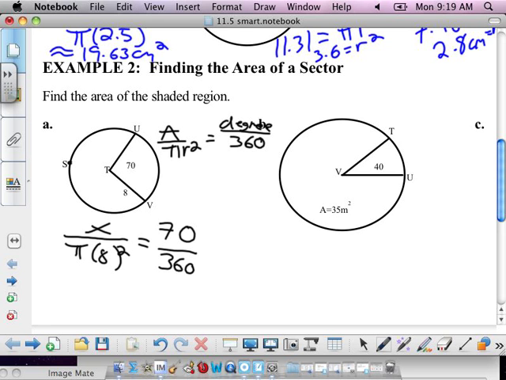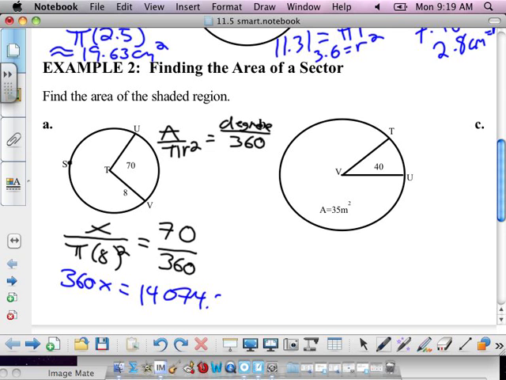And then we're going to cross multiply. 360x equals, what's 8 times 8, guys? What's 64 times pi? You should have your calculators out. And we're going to times that by 70, and we get 14,074.3.